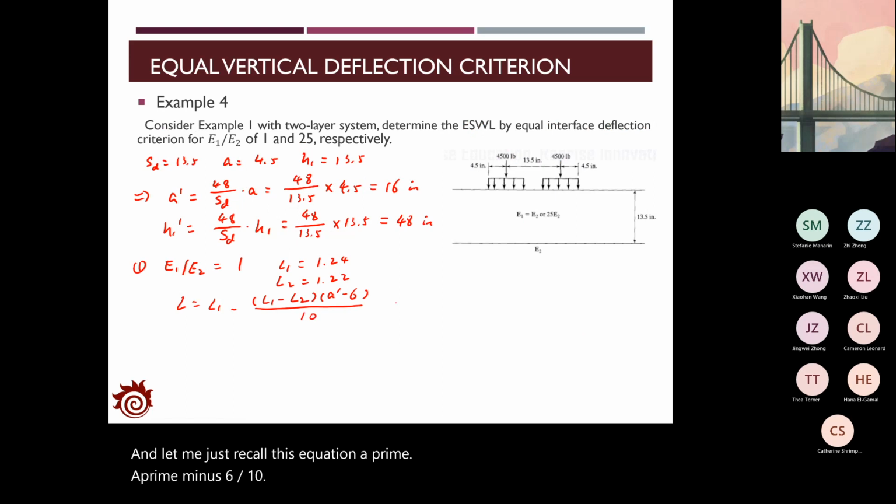This will give you the result as 1.22. So with that, we can then find out the value of ESWL.